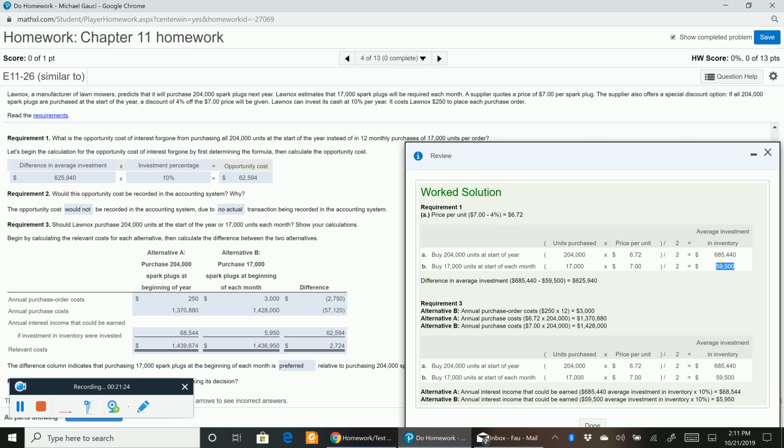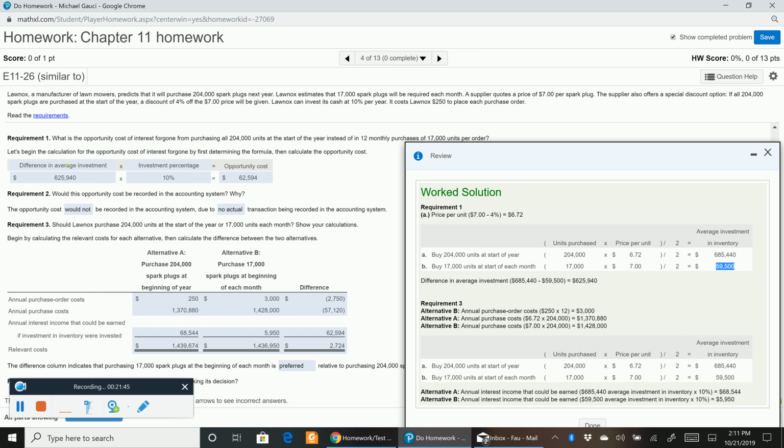The difference between the $685,440 and the $59,500, that is the difference in the average investment, which is $625,940.